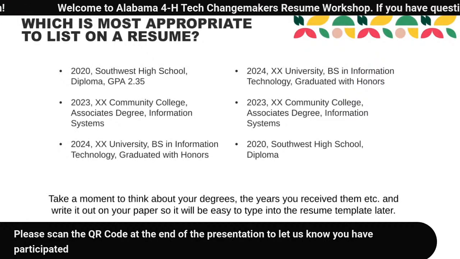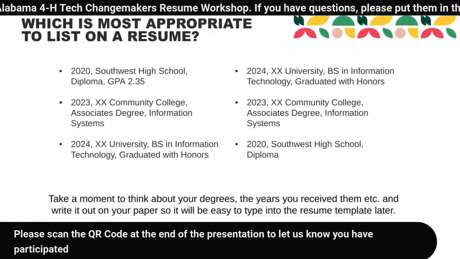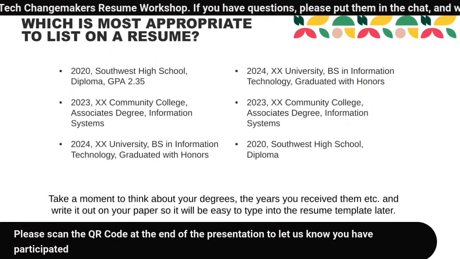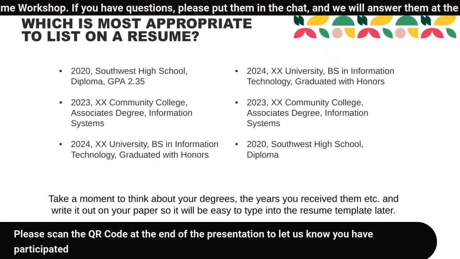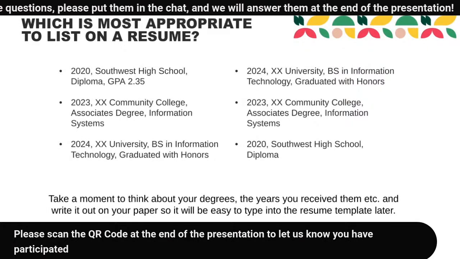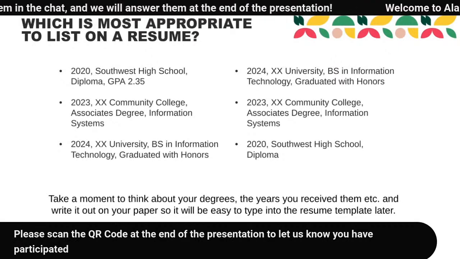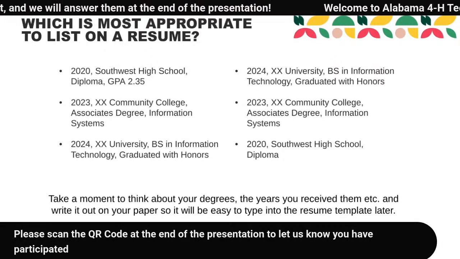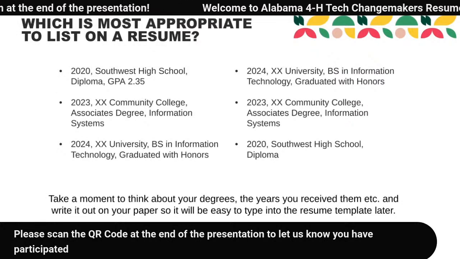You got 2024, whichever university, BS in Information Technology, graduated with honors. Then you have the same 2024 BS entry again, followed by the 2023 Associate's Degree in Information Systems, and the 2020 Southwest High School Diploma.